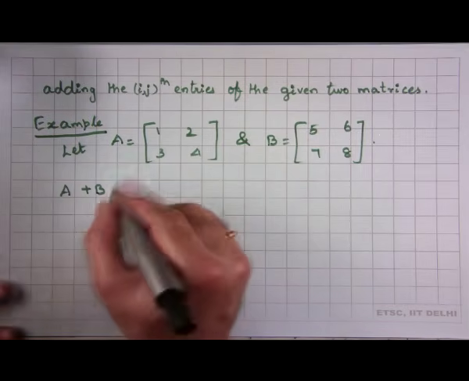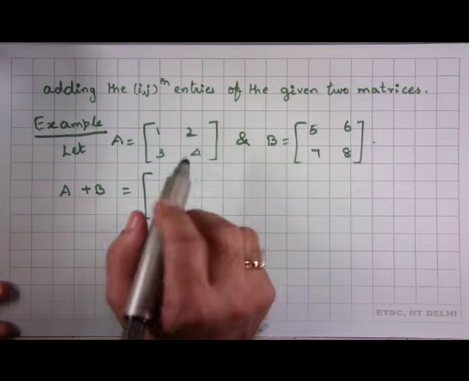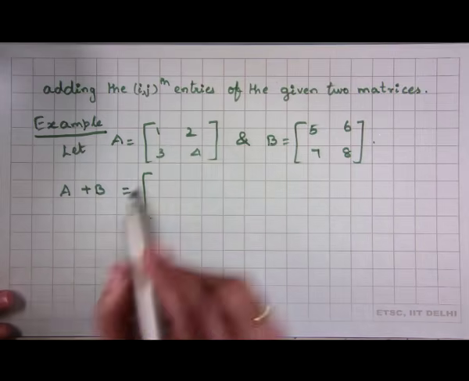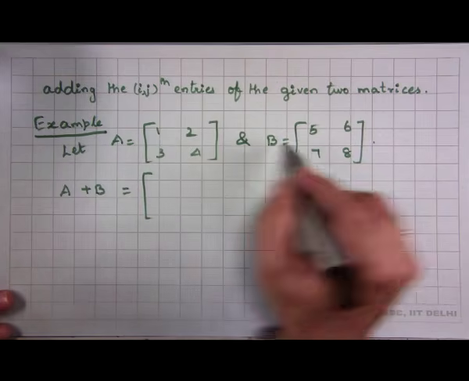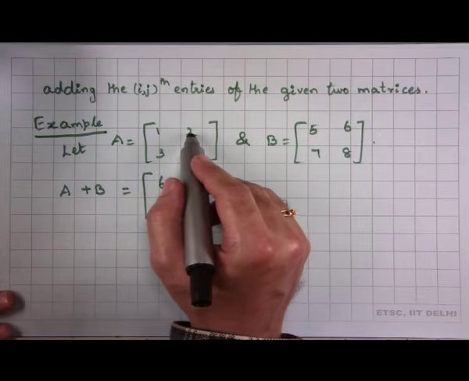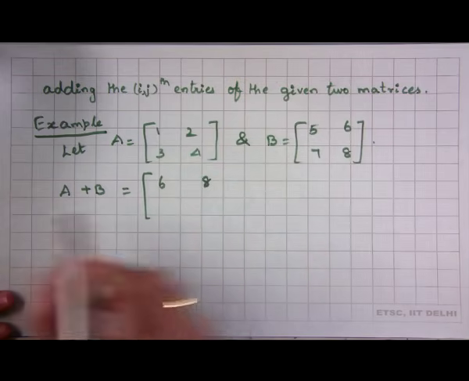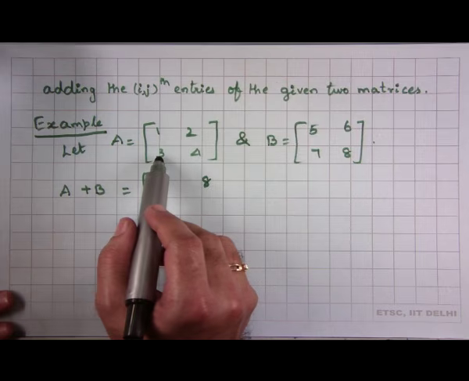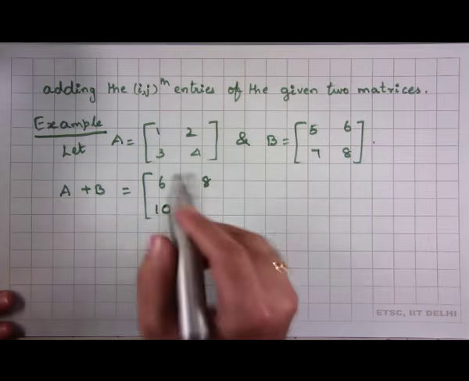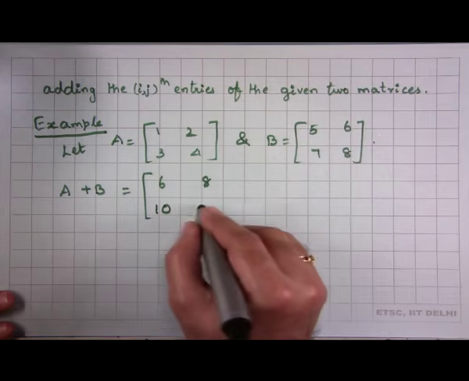The 1/1th entry is given by adding the 1/1th entries of A and B. The 1/1th entry of A is 1 and of B is 5, therefore 1 plus 5 is 6. Similarly, the 1/2th entry of A is 2 and of B is 6, therefore 2 plus 6 is 8. The 2/1th entry of A is 3 and of B is 7, therefore 3 plus 7 gives me 10. The 2/2th entry of A is 4 and of B is 8, so 4 plus 8 gives me 12.